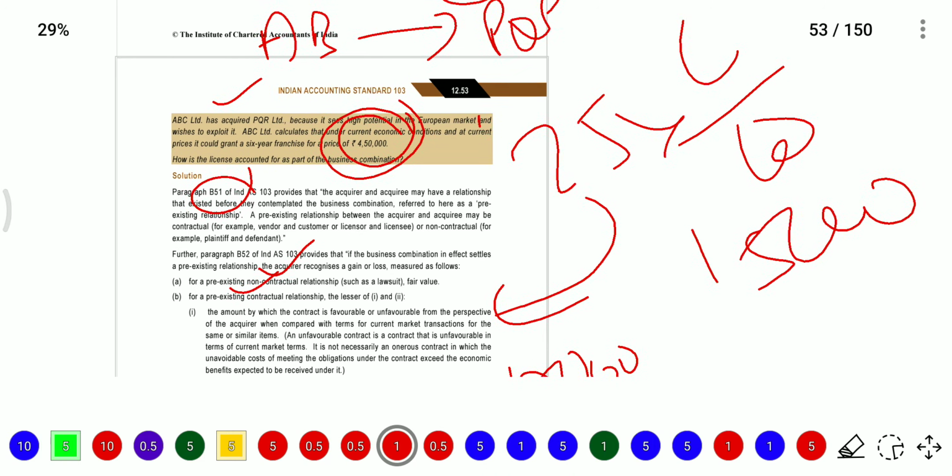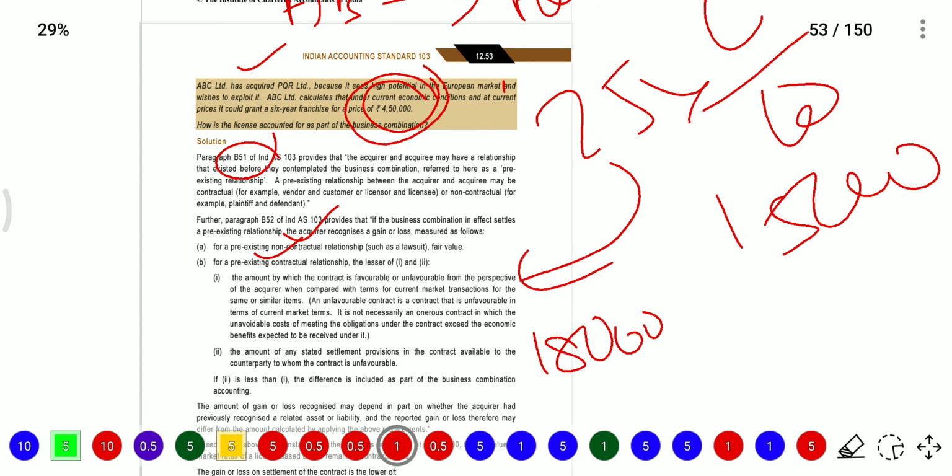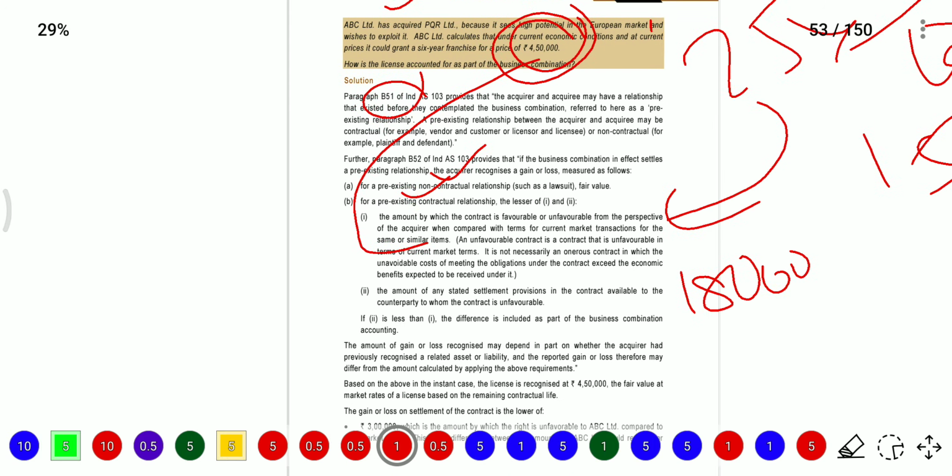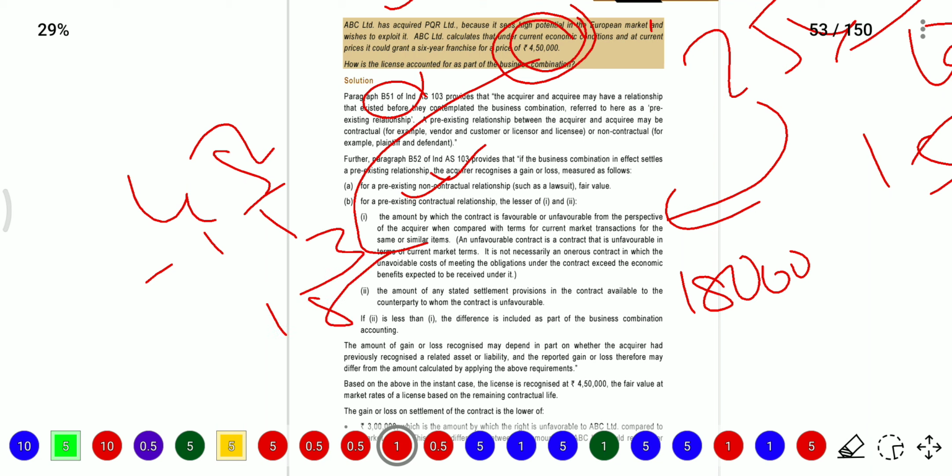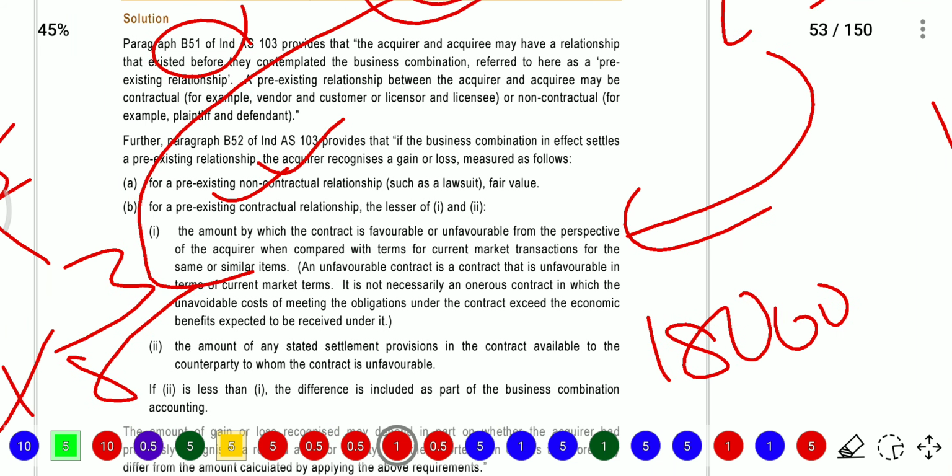So for a 6 years franchise, 4,50,000 is the current market price. So 4,50,000 minus 1,50,000 will become 3 lakhs. So 3 lakhs or 1,80,000, whichever is lower, the 1,80,000 will become the loss on settlement of the contract value. So here they provided the pre-existing non-contractual relationship.